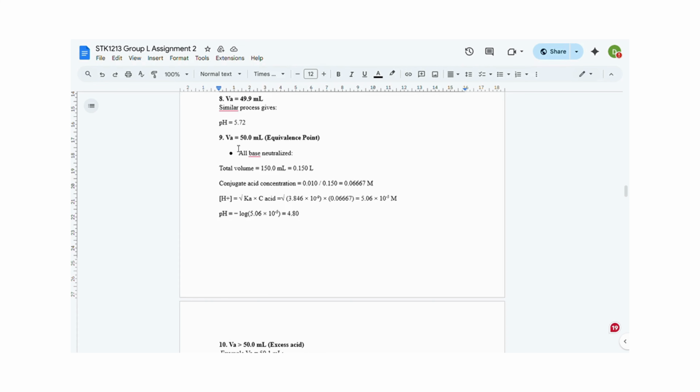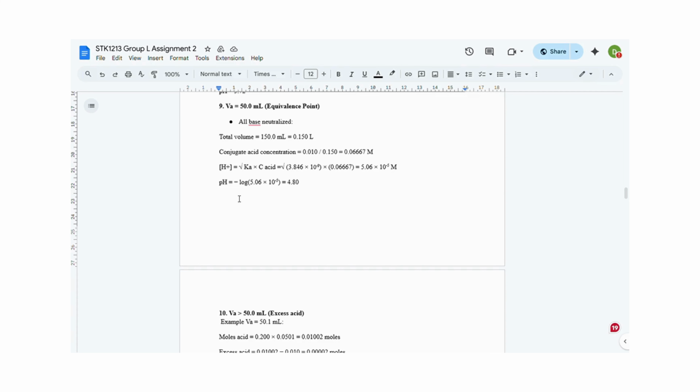And then we can calculate the H plus ion. This is how we calculate it: 3.846 times 10 to the power of negative 9 times 0.0667 mole, square rooted, and then we get 5.06 times 10 to the power of negative 5 mole. And the pH we can directly calculate, because all base is already neutralized, so we just calculate the acid, and then we get 4.8.